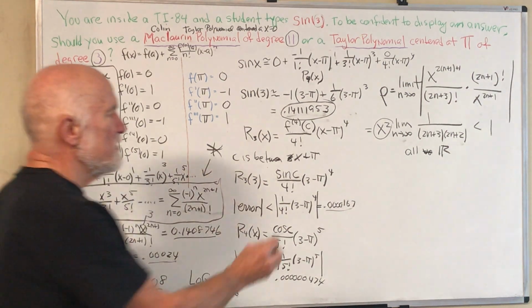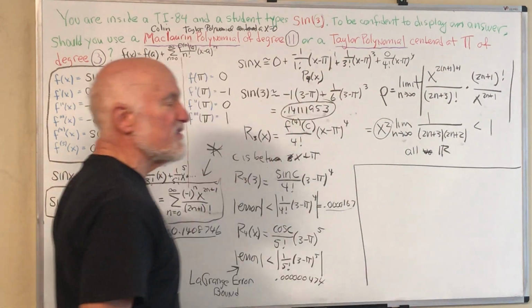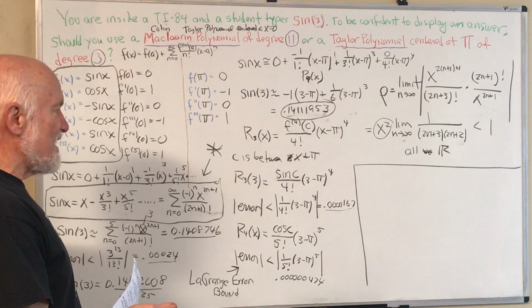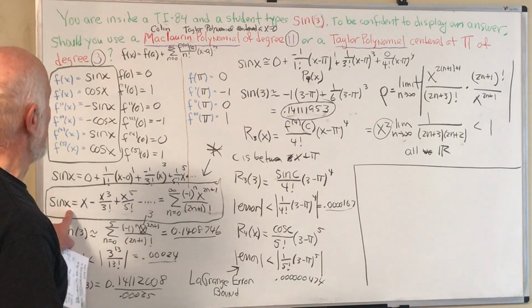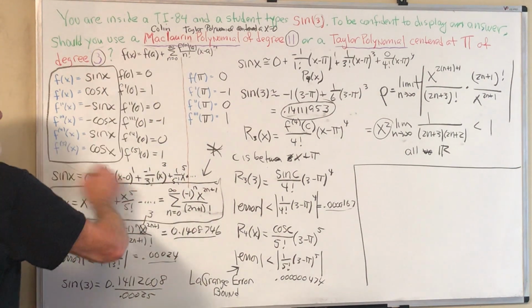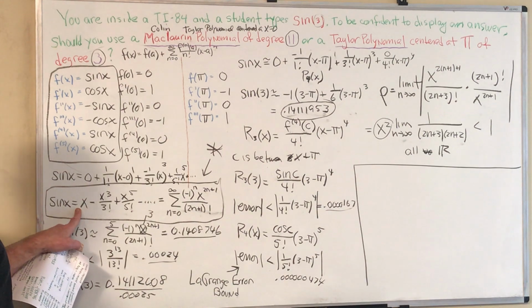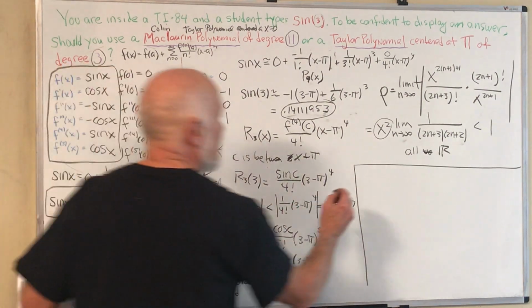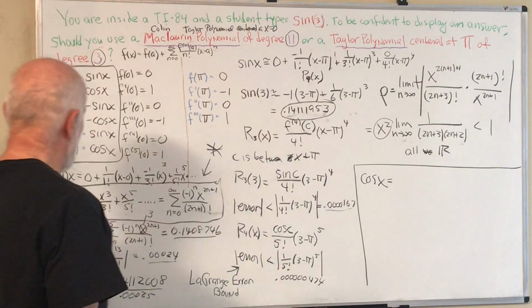And I guess we've done an awful lot today, but we've still got a little bit more board space. And I think this really is tying a lot of things together. How could we get the cosine of x? Well, we could do that the same way we did here. But what do we know? We know the cosine is the derivative of the sine. So all we can say is the cosine of x we can get by taking the derivative of here.